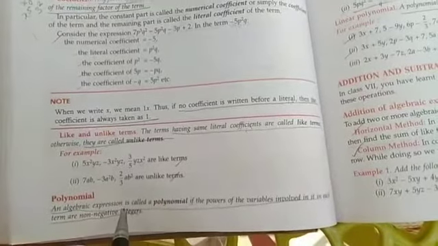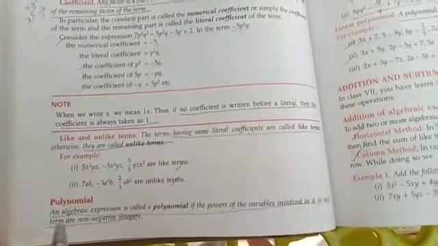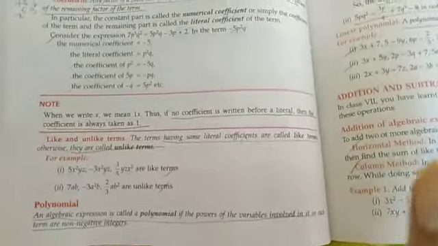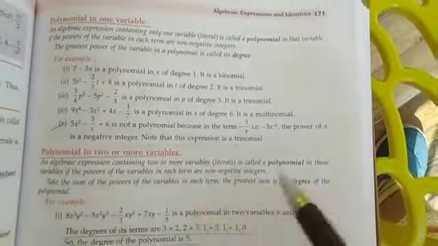Polynomial: a polynomial expression is any algebraic expression in which the power of the variable involved in each term is a non-negative integer. Any expression which does not have a negative power is called a polynomial. The power must be non-negative. Polynomial in one variable, when we have a single variable.